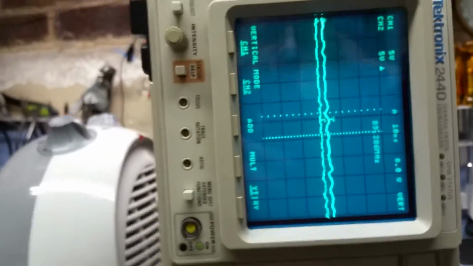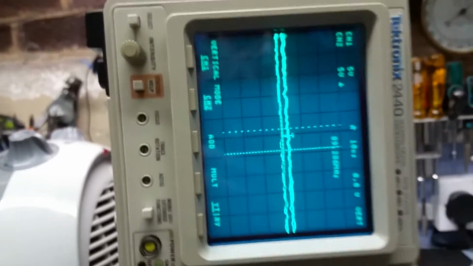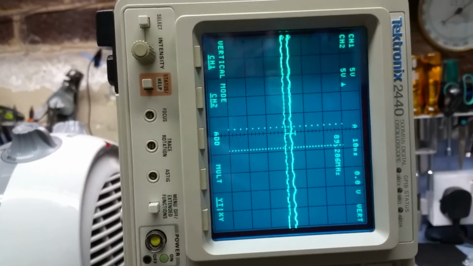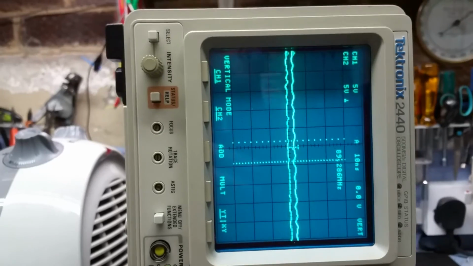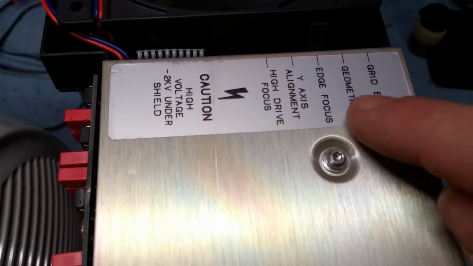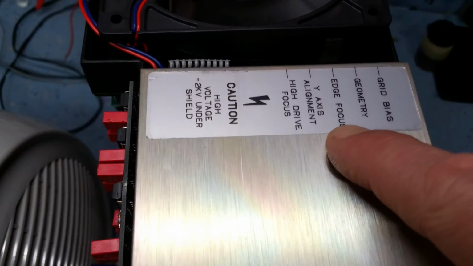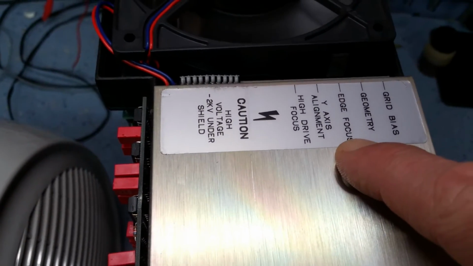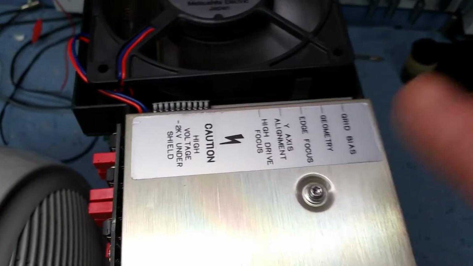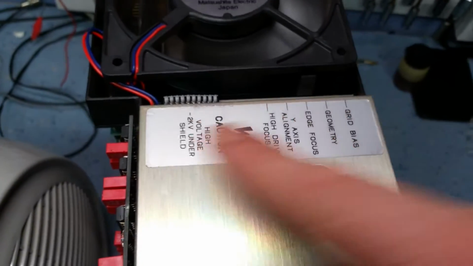Funny enough, when I initially got this scope, this tube was very soft, but I've twiddled about with it. It's got these edge focusing controls here, which is probably dynamic focus, which probably modulates the A2 at the extreme when the sweep's being deflected from left to right.